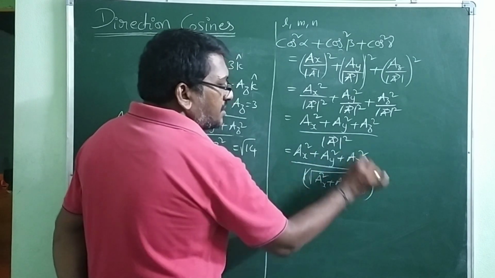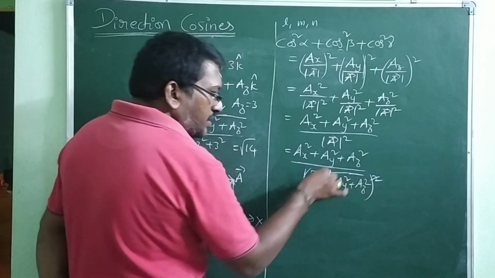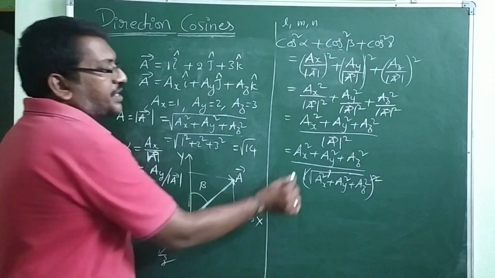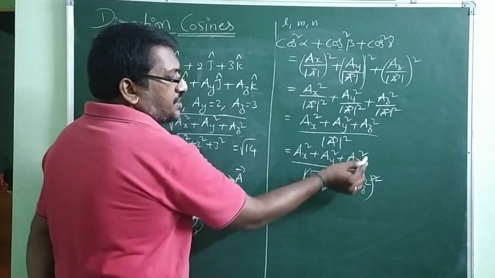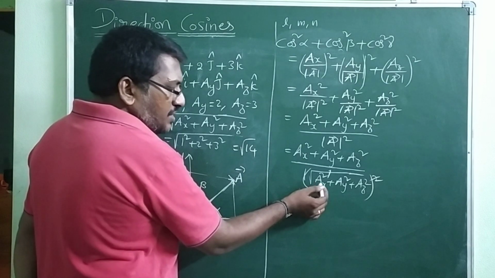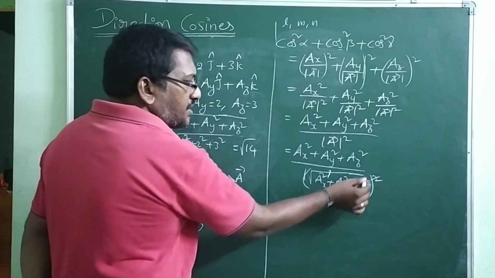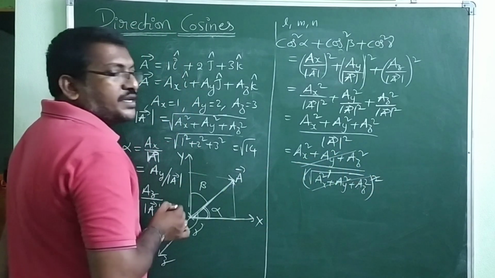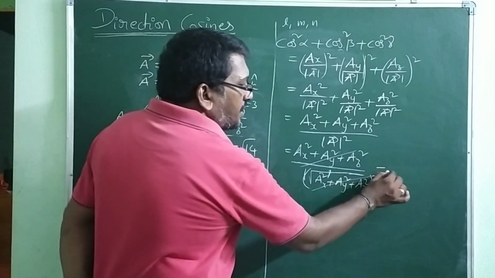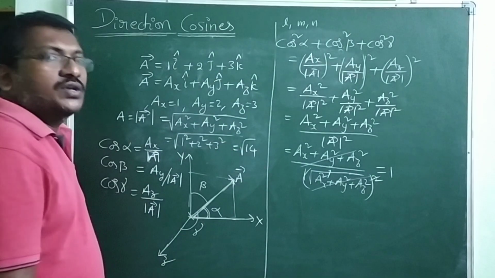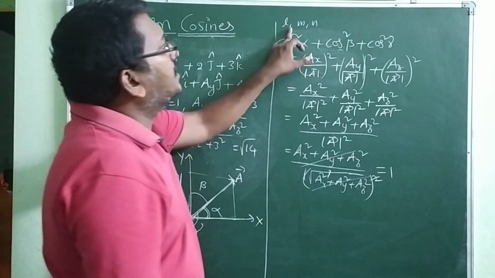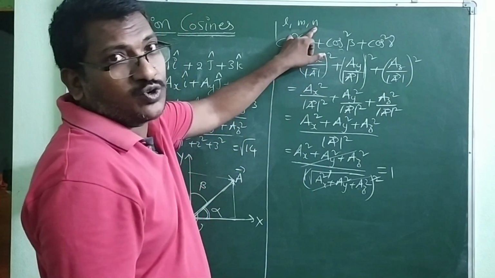Here the square and root get cancelled. What you get is Ax square plus Ay square plus Az square by Ax square plus Ay square plus Az square, which cancels. Finally you get 1. So L, M, N are the direction cosines.